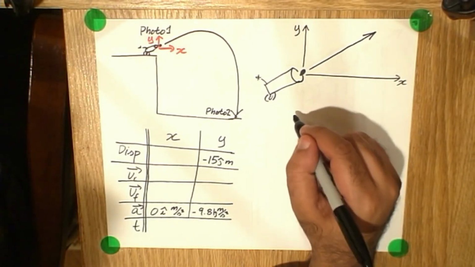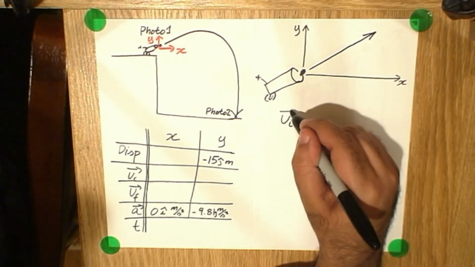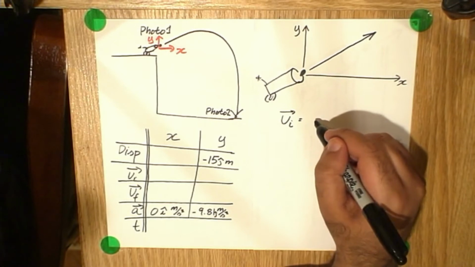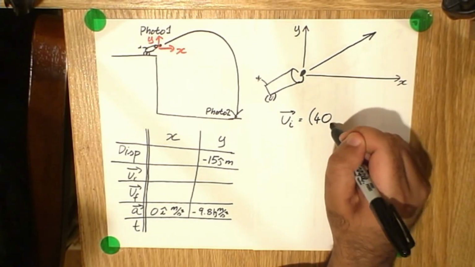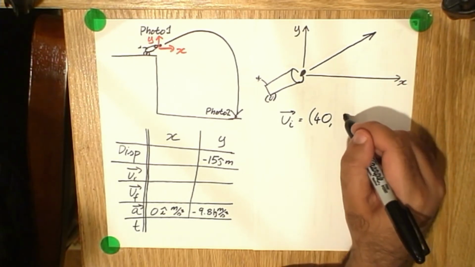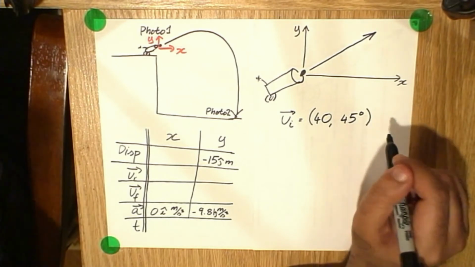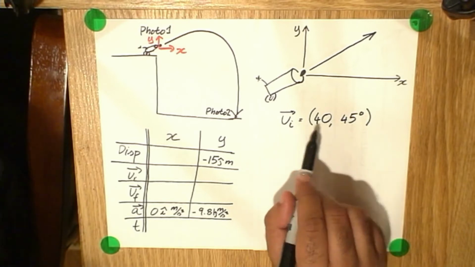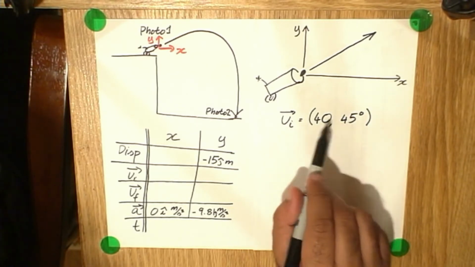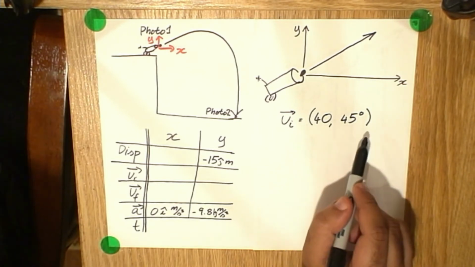We were told that the initial velocity of the cannonball was 40 meters per second at a launch angle of 45 degrees. Velocity is a vector, and what we see here is that this vector has been given in a form that has an angle in it. This is a vector in polar notation.